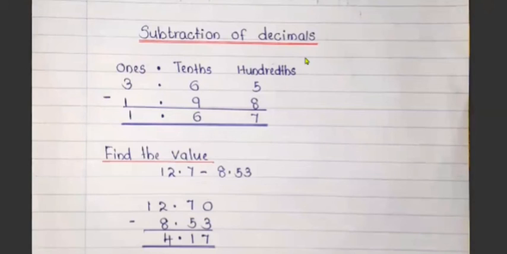Subtraction of decimals. Ones, tens, hundreds. 3.65 minus 1.98. 5, you have to minus 8. You can't subtract. You take from here. Then here will be 15. 15 minus 8, 7.